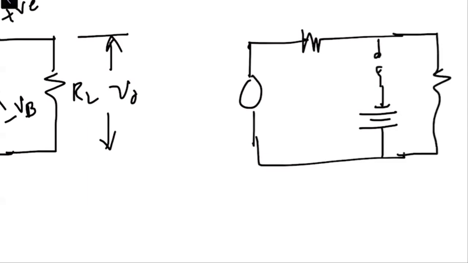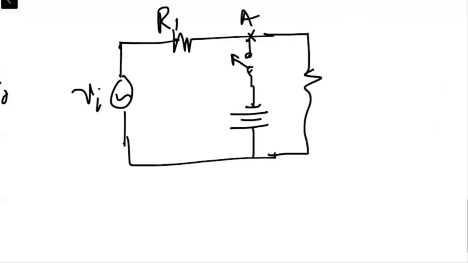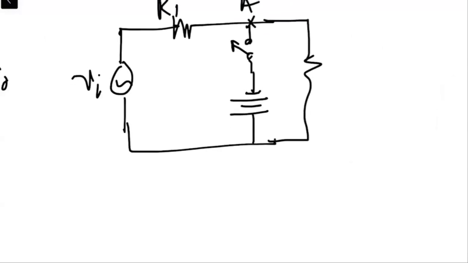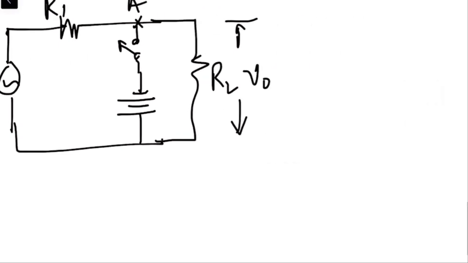We have a switch which is open for all of the positive half cycle. So the output will be across RL, and this means the output Vo will be just following the input, and it will be something like this, right?